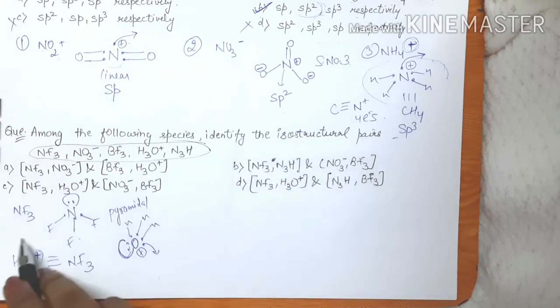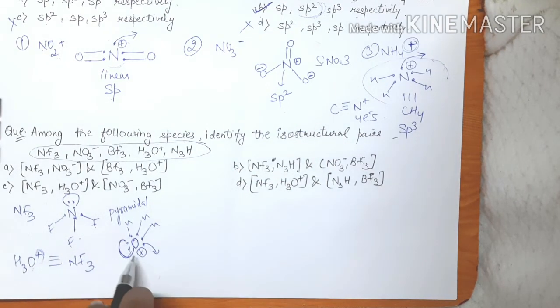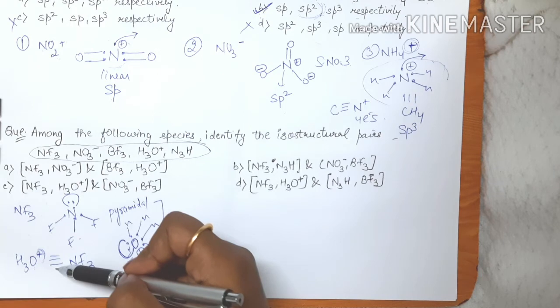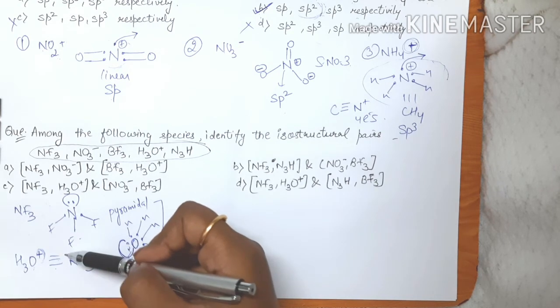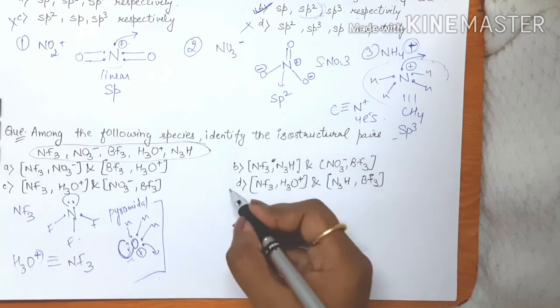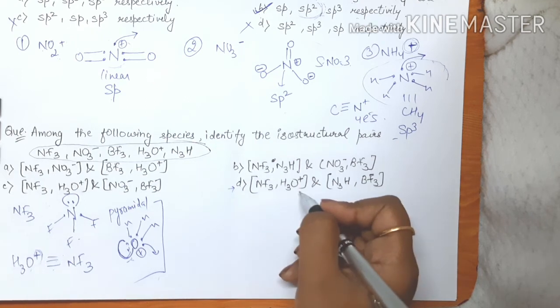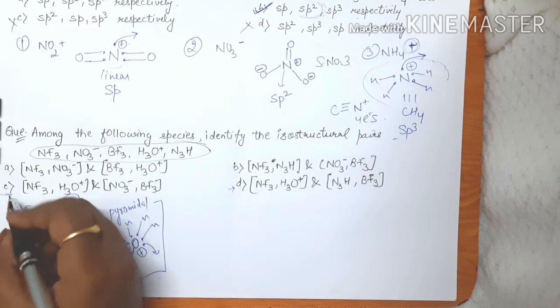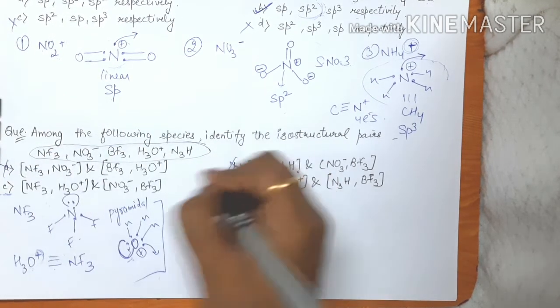So just like NF3, OH3 positive is having pyramidal shape. So definitely NF3 and H3O positive are isostructural with each other. So if we look at the options, then this one is having NF3 and H3O positive and this one is having NF3 and H3O positive. Remaining two options will be cancelled out.